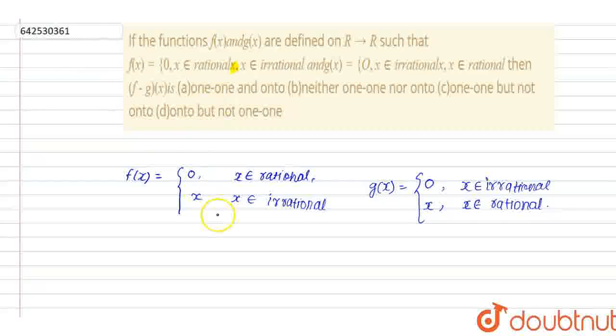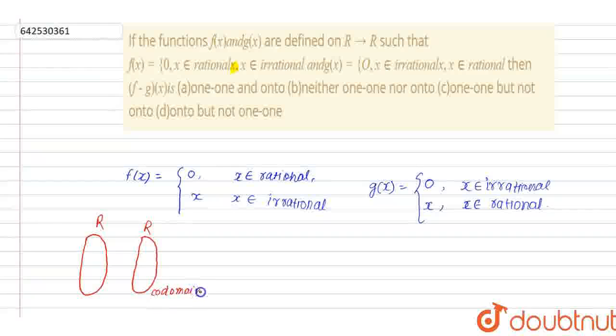If we define it clearly through a figure, let's say this is the domain part and this is the codomain. All the real numbers lie in the domain.